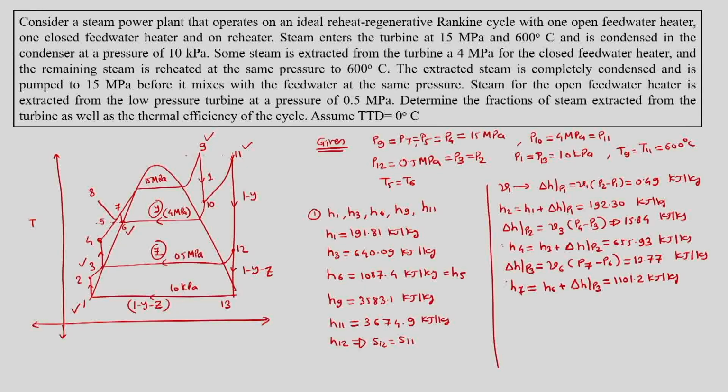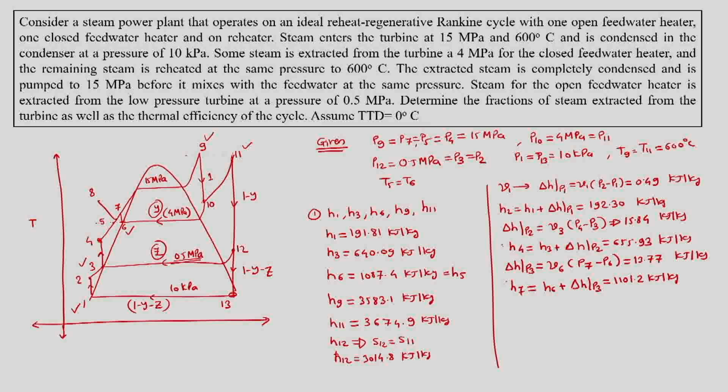At 0.5 megapascal pressure, we go to the superheated part and see at what temperature S11 matches S12, such that H12 is equal to 3014.8 kilojoule per kg.